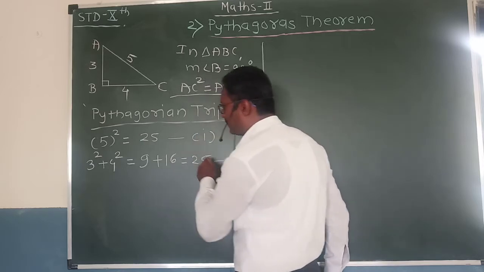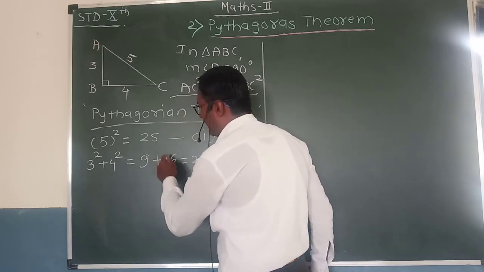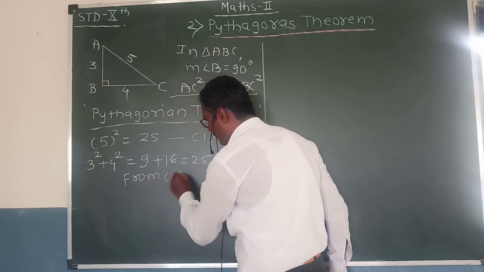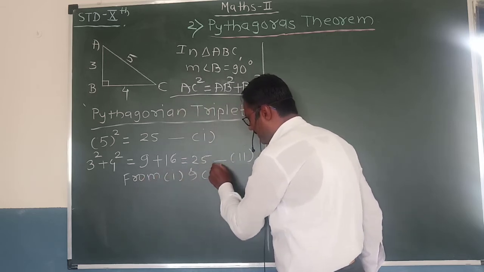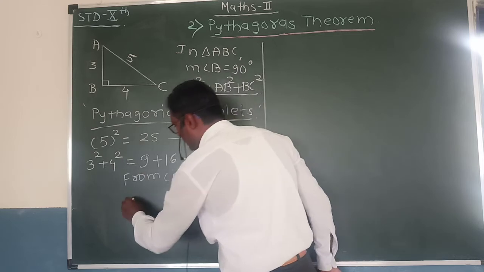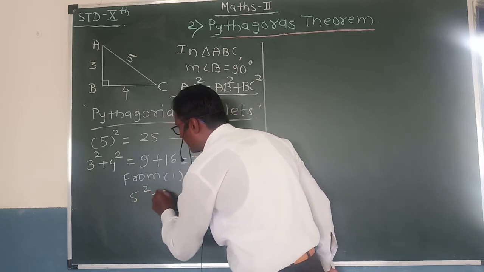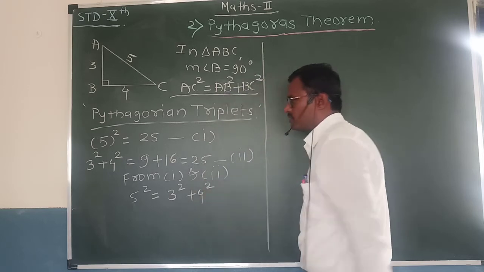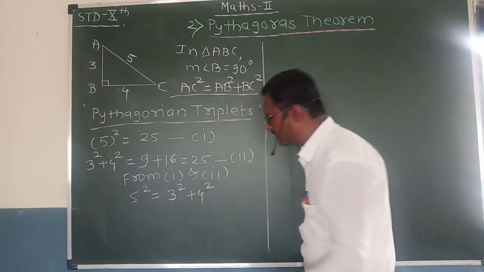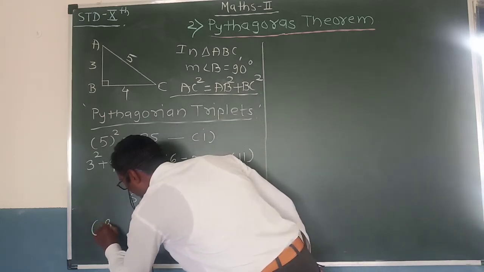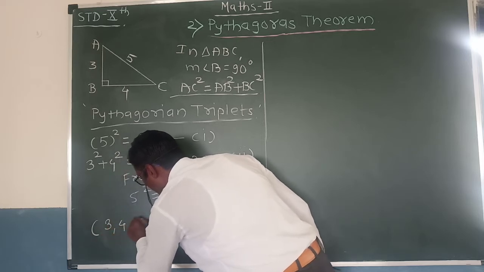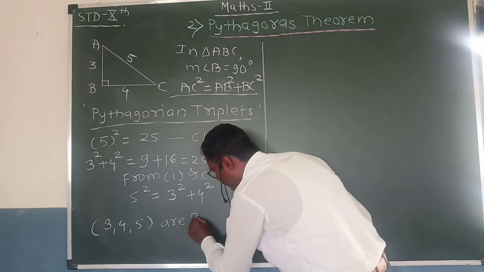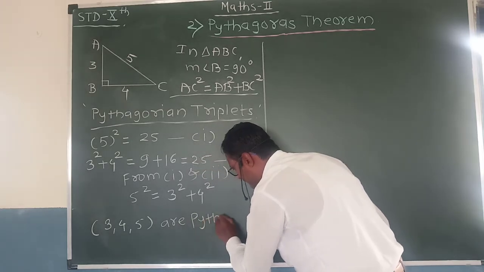From 1 and 2, you have the result 5 square is equal to 3 square plus 4 square. That's why you can say 3, 4, 5 are a Pythagorean triplet.